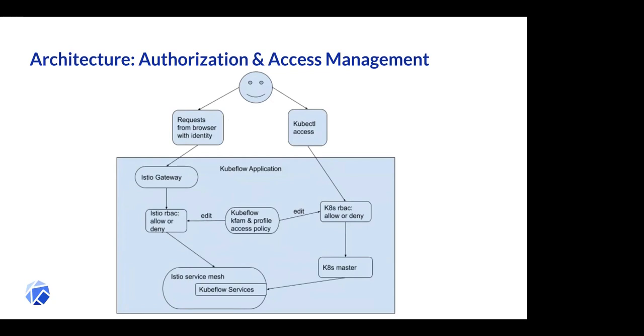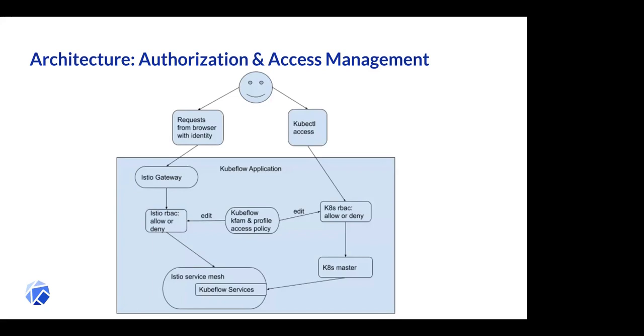So we use unified profile policies to edit both EC2 RBAC and Kubernetes RBAC. So when users, for example, when users make share access to one user, both policies are updated. So that means for that user, instantly they have access through either browser request or kubectl request.